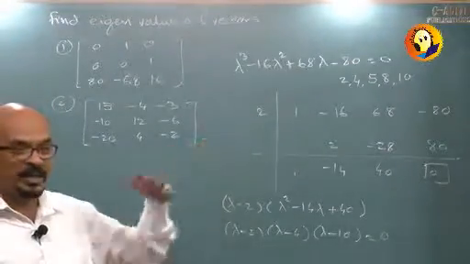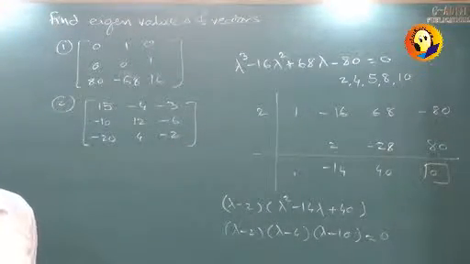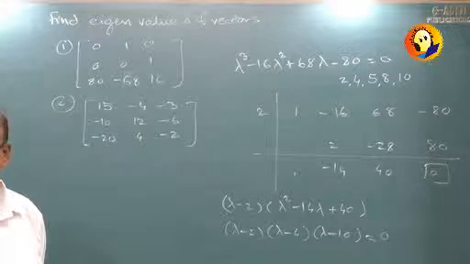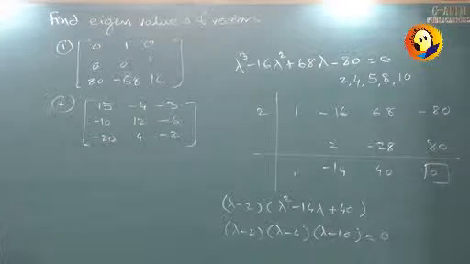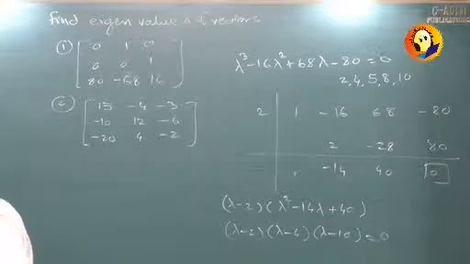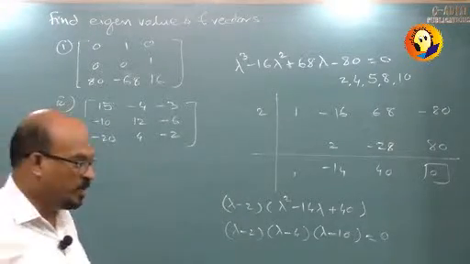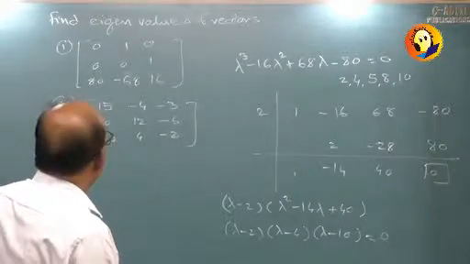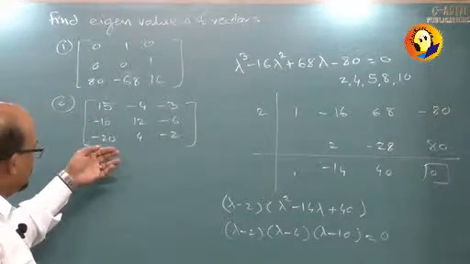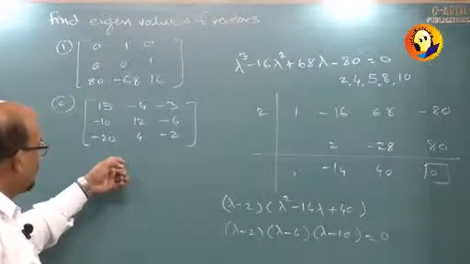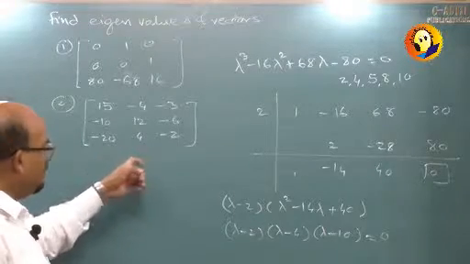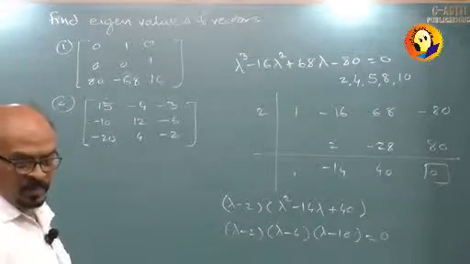Otherwise, till cubic there should be no problem. If it is 4th degree, but in eigenvalues, eigenvectors, we don't have 4th degree, so our job is simple, right? So we proceed with the next part. You can do this. So the roots, the lambda values, are -5, 10, and 20, right?